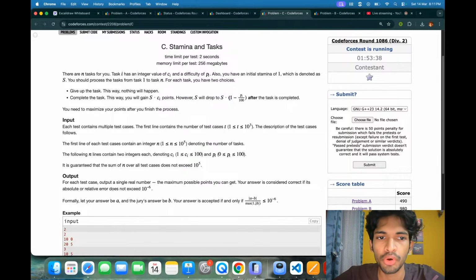Okay, stamina will drop, but you will gain this many points. Your stamina keeps reducing, but you can keep getting points.